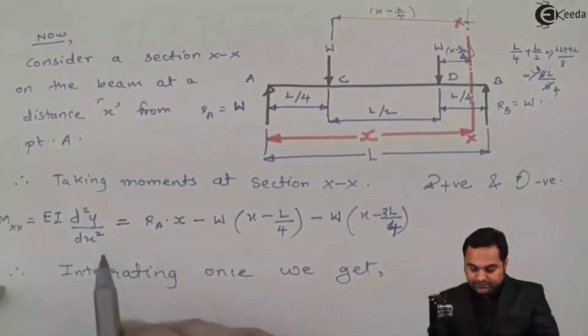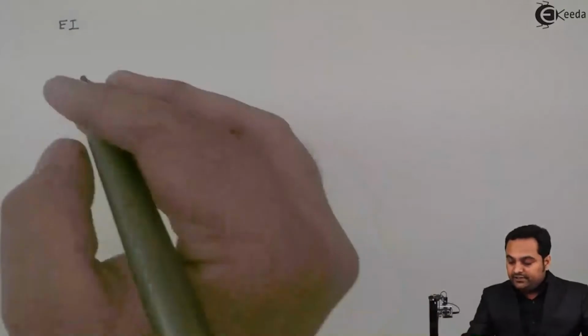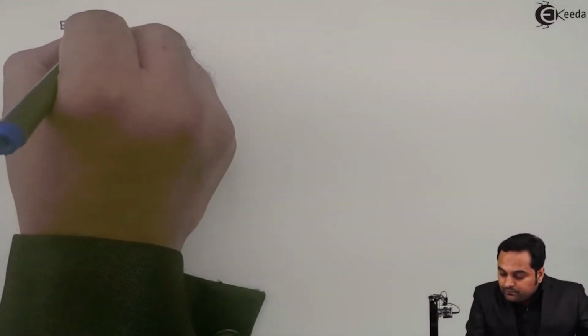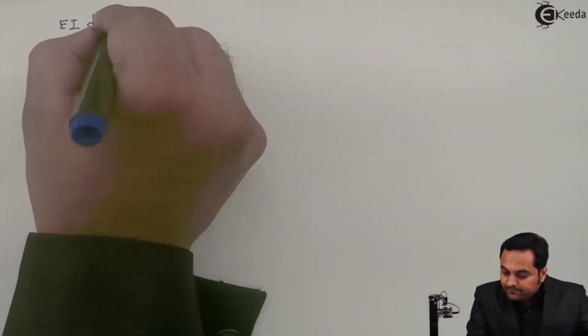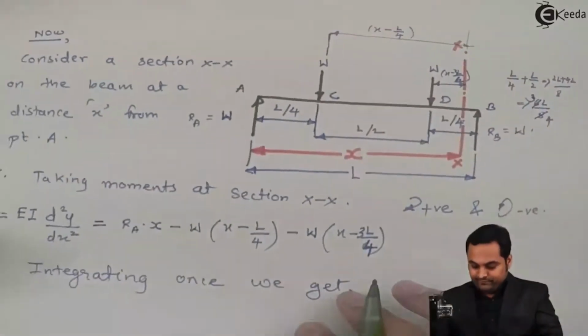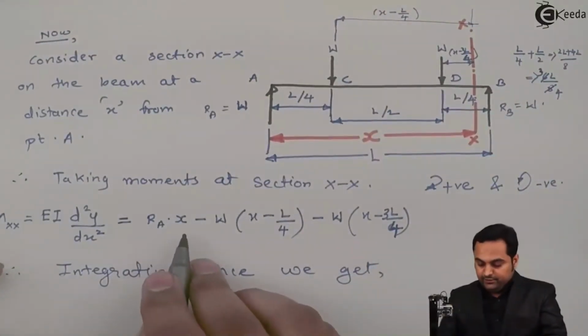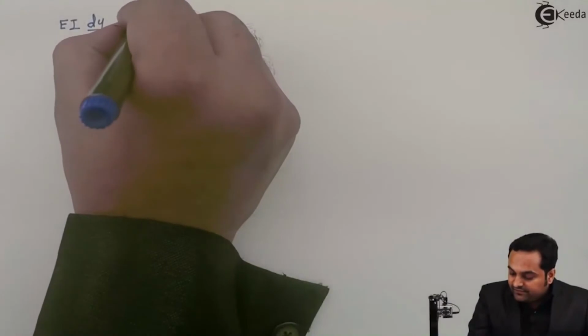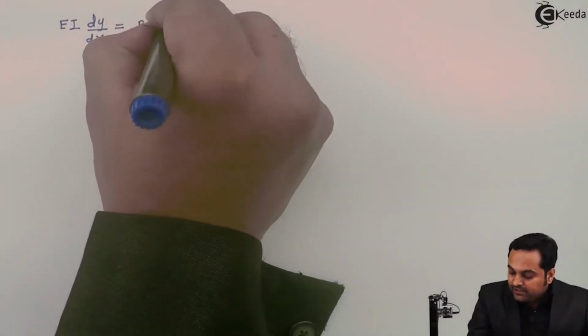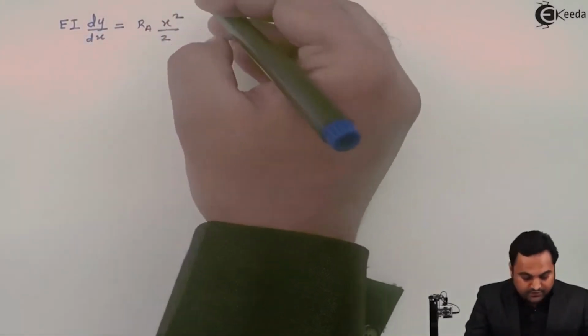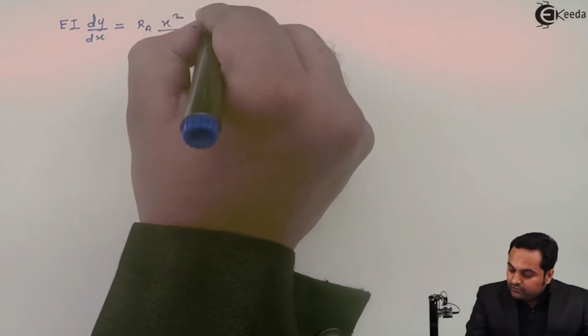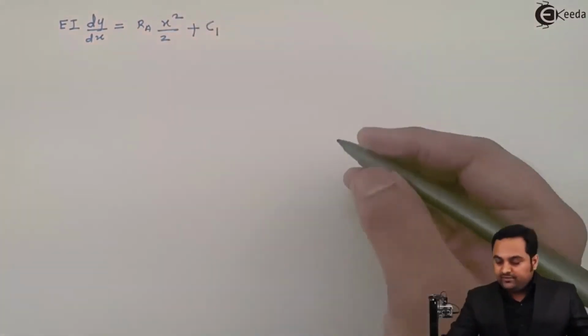Next, d square y by dx square will become dy by dx. Ra into x, so Ra will remain as it is. X will become x square by 2, and here I'll have a constant because I am integrating here.